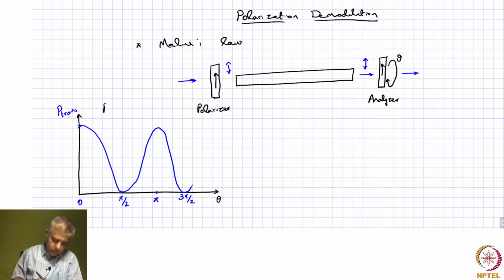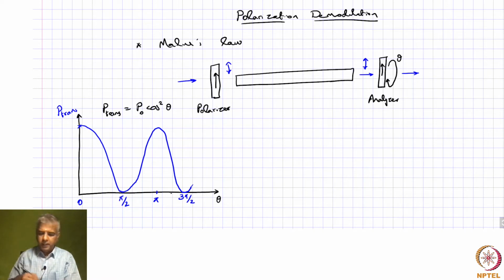P transmitted is going to be the incident power P naught multiplied by cos square of theta, where theta is the orientation of the output polarizer, which is what we call the analyzer. So it essentially goes through a cos square function.